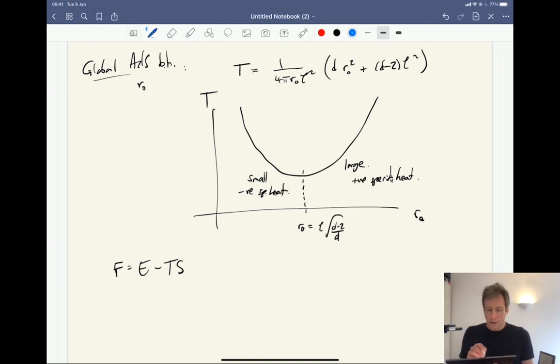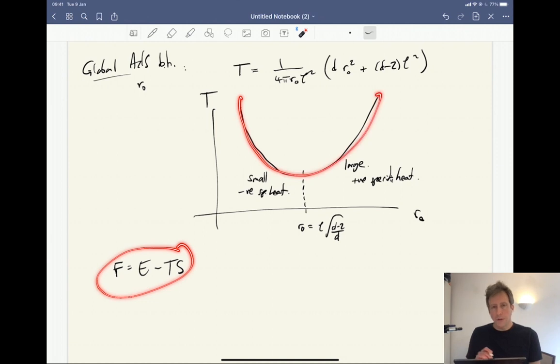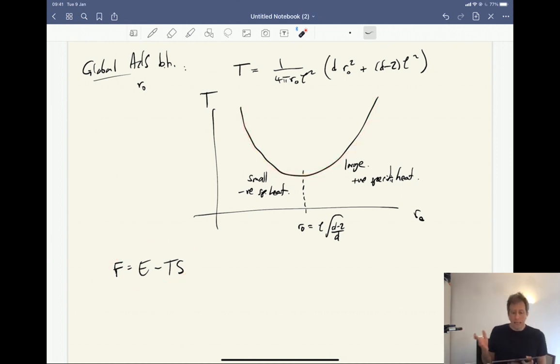And it further turns out that if you calculate the free energy of these solutions and the free energy of global AdS itself, just with its Euclidean time wrapped up, which doesn't really change things, you find that global AdS dominates at low temperatures. In fact, it's the only thing at low temperatures in this temperature regime. There aren't any options.